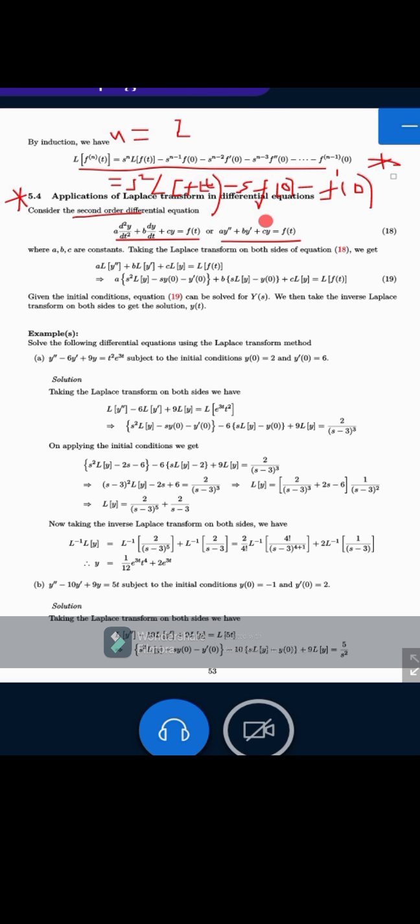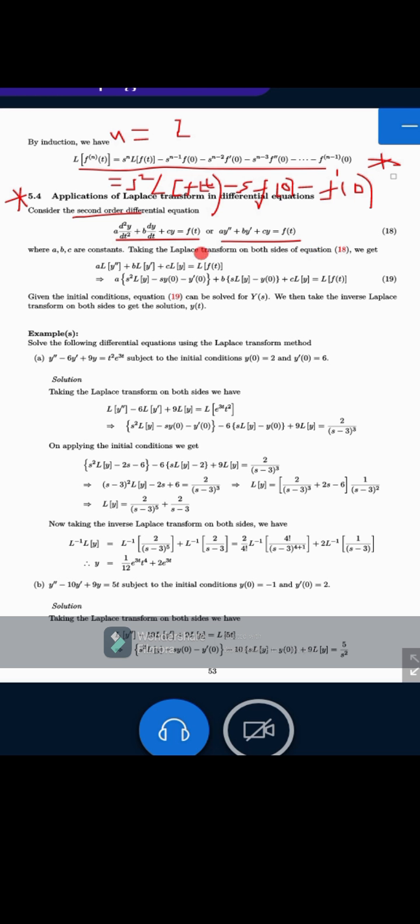Then after doing that, you have to take the Laplace transform on both sides. It is a must, because if you take the Laplace transform on one side and leave the other one, whatever you are doing will not be mathematically correct. Whatever you do on one side should also apply to the other side.